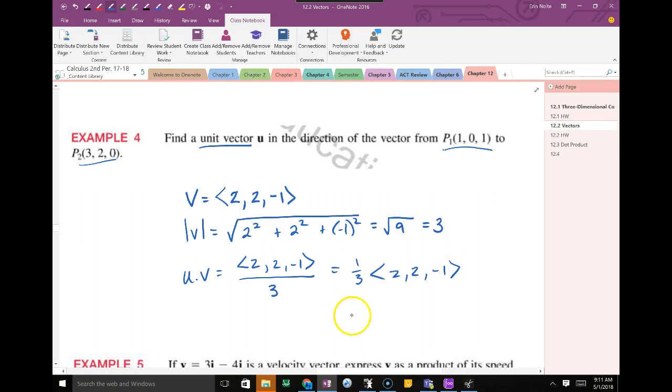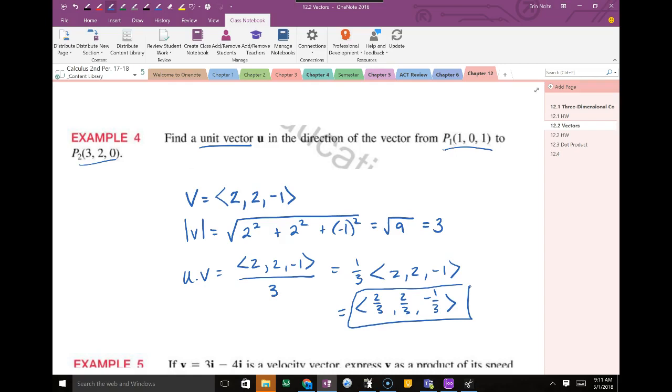Distribute it. That's exactly what you do. I would just simply distribute this through my vector. So it's just going to be 2/3, 2/3, -1/3. So that would be my same vector that has the exact same direction as the v vector, but its length is only 1.